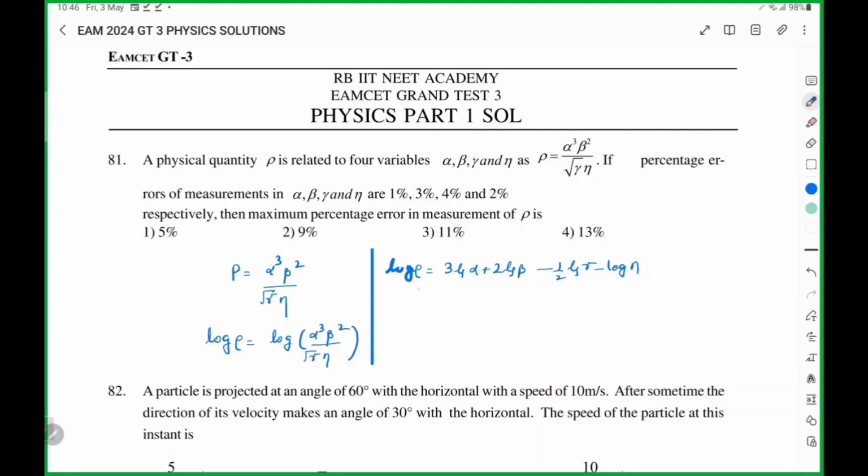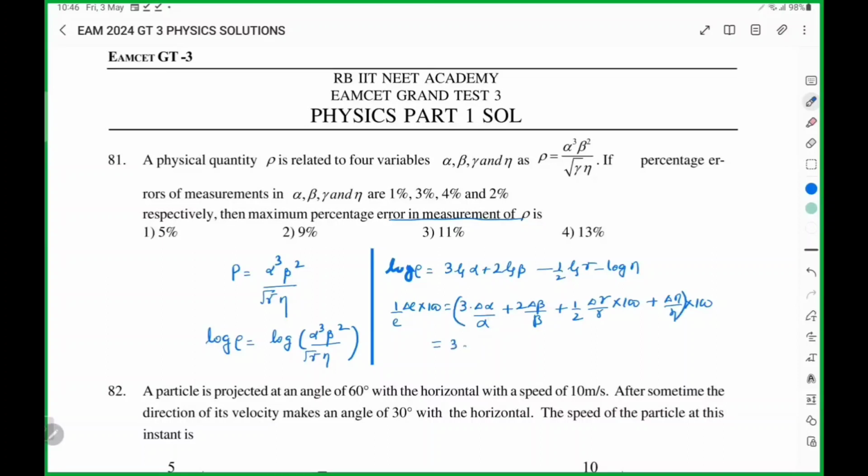So percentage error in rho is 3 times delta alpha by alpha, plus 2 delta beta by beta, plus half delta gamma by gamma, into 100. Error always we calculate maximum error, so percentage error means into 100.